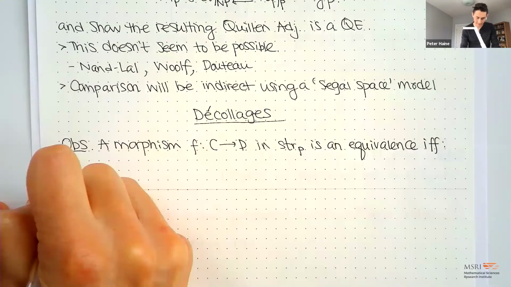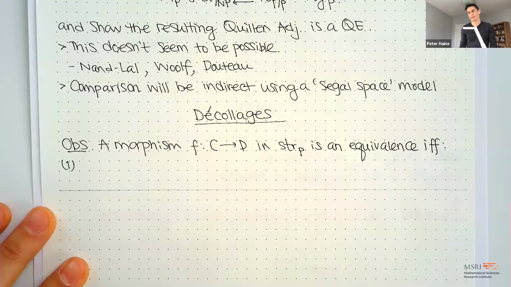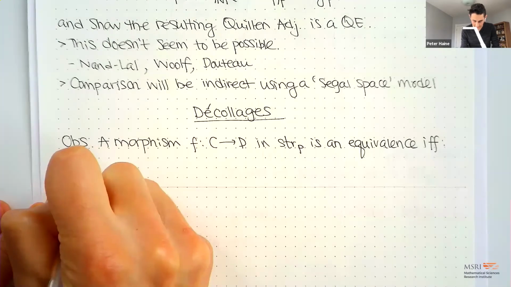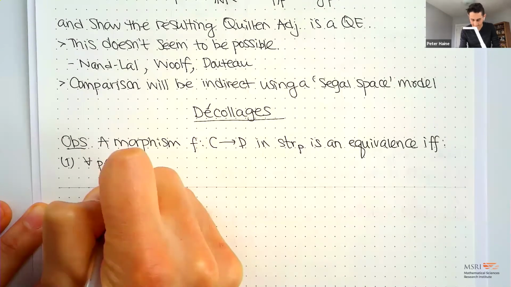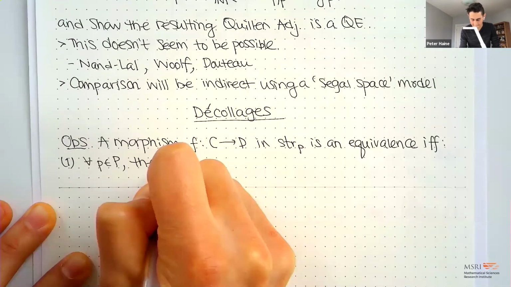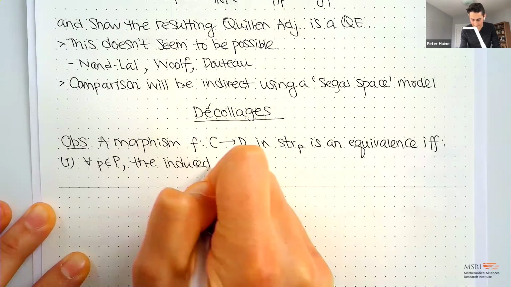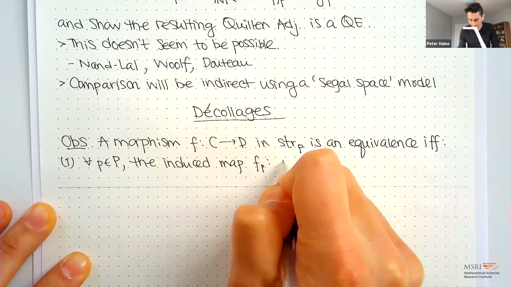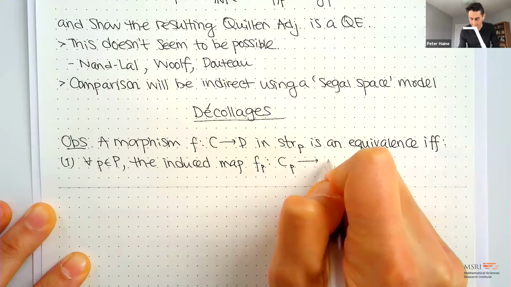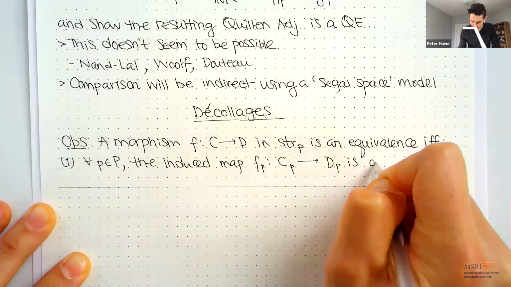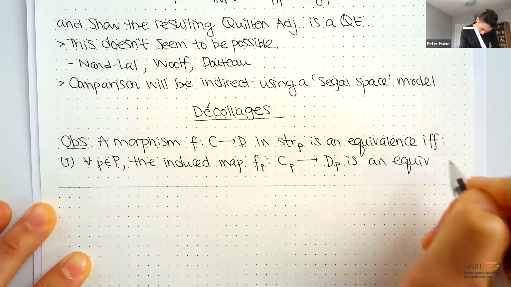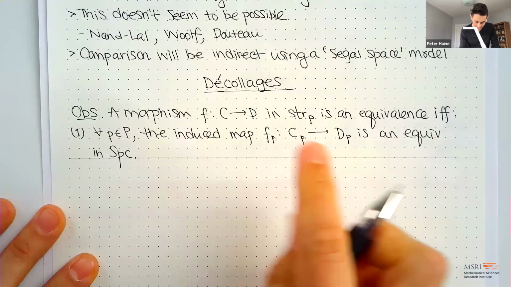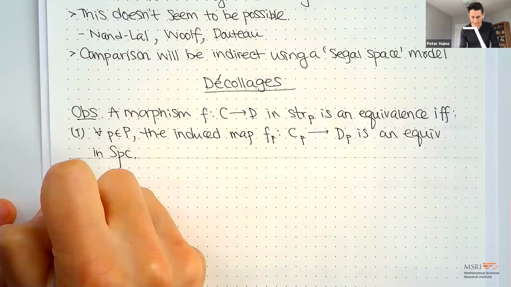Essentially this is how I identified this class W before. First, for every p in the poset P, the induced map on the pth strata, meaning the pullback of infinity categories, is an equivalence in the infinity category of spaces, because these strata are infinity groupoids.